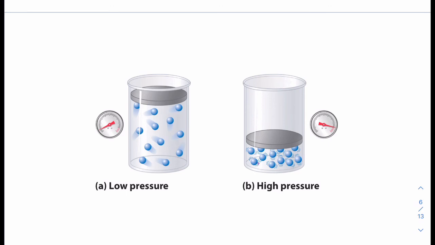So here is where the higher rate of reaction is, because particles are closer together, so they're more likely to collide. So that's simply what's happening. The particles here are closer together, so they are more likely to collide, and therefore they're more likely to have a reaction as long as the other conditions are right.